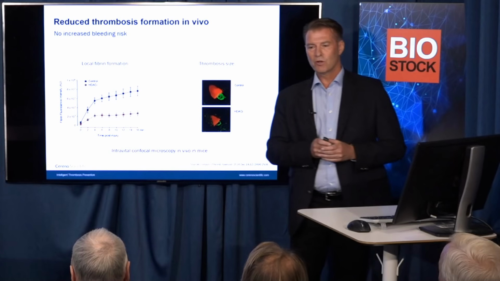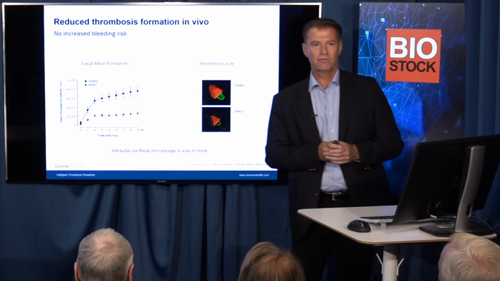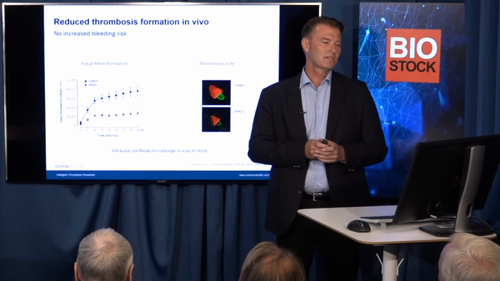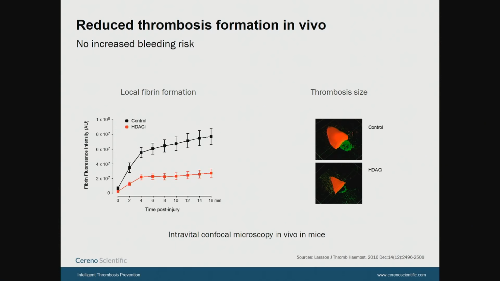This is our proof of concept data in live animals treated for 3 days, 72 hours. And you can see here on the x-axis is time and on the y-axis is the fibrinogen content. And these mice were hurt in a vessel, a vein, and they were pre-treated and hurt, and then there is a bleed and there's a thrombosis formation.